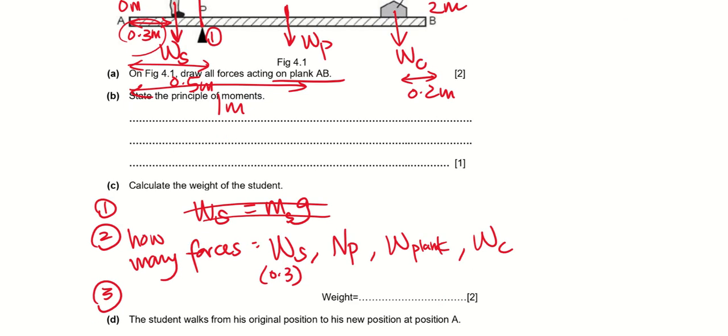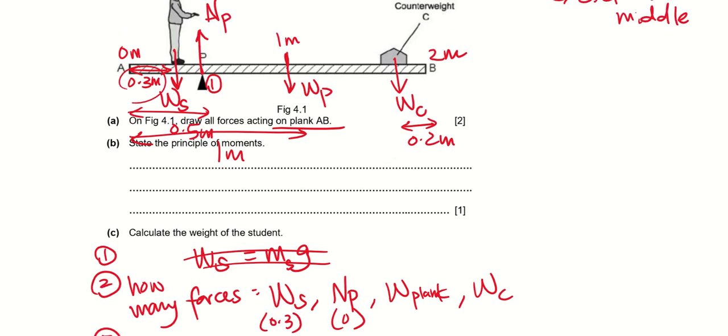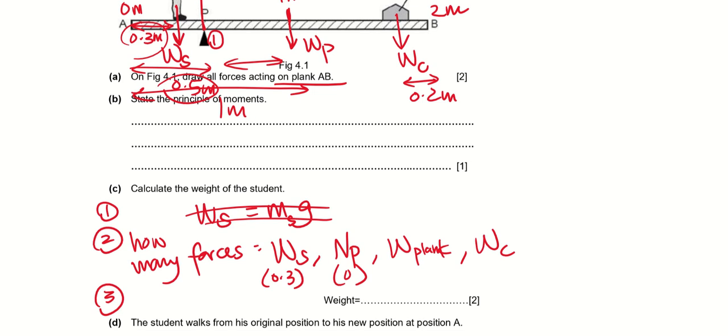So the perpendicular distance is 0. How about the weight of the plank? If here is 0.5, that means the perpendicular distance of the line of action of the weight of plank to the pivot is 0.5.